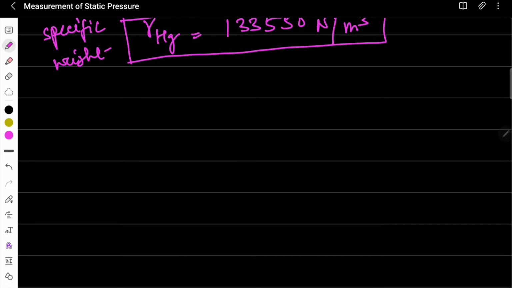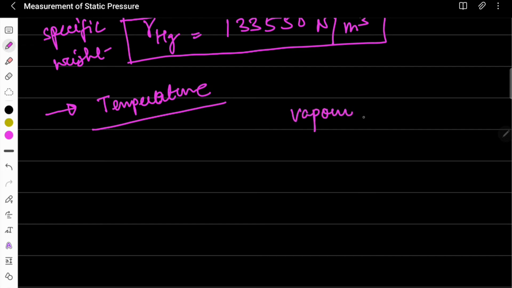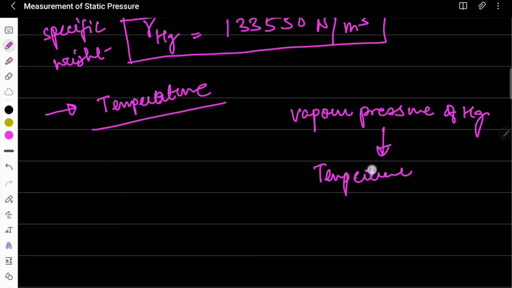Now there is one additional point that one should take care of: the temperature at which all the measurements are being done is very crucial. Why is it so? Because the vapor pressure of the Hg always varies with the temperature at which the measurement is done.